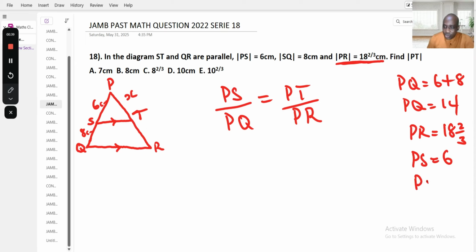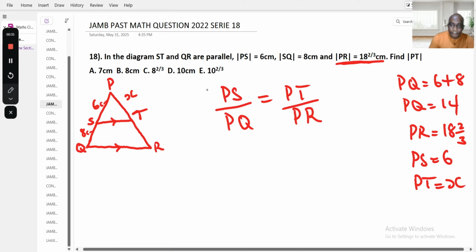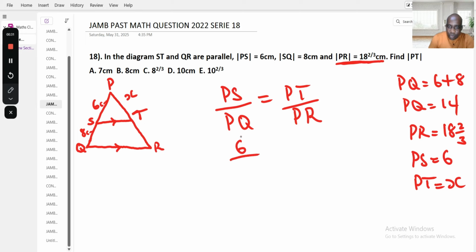What the question asks us to look for is X. Now, our PX is 6 over PQ, which is 14, equal to PT, X, that's what we are looking for, over PR, which is 18 and 2 over 3.